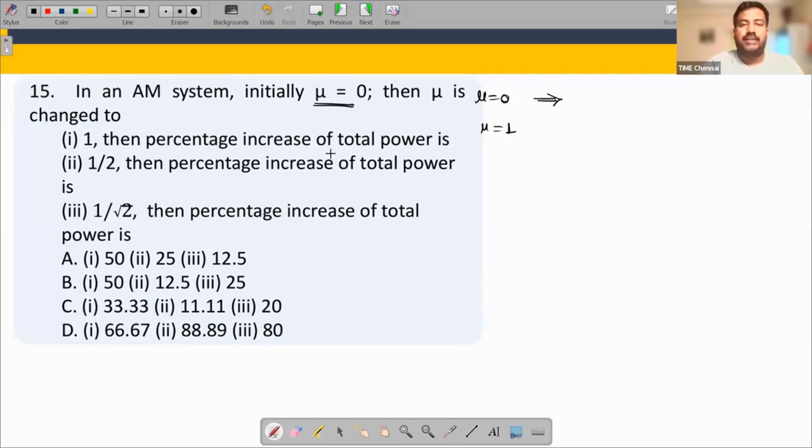Then the percentage increase in total power is, so when mu is 0, PT is equal to PC into 1 plus mu square by 2.